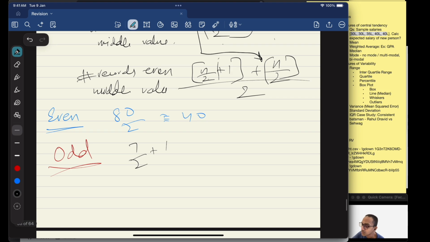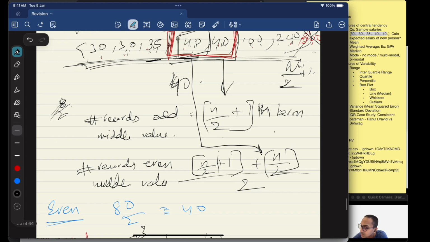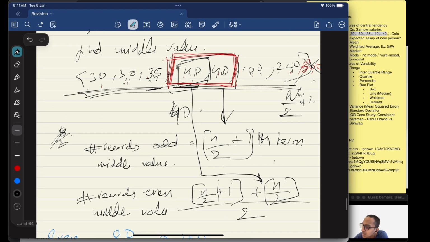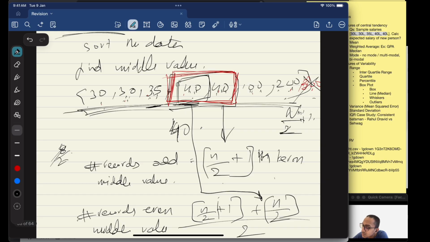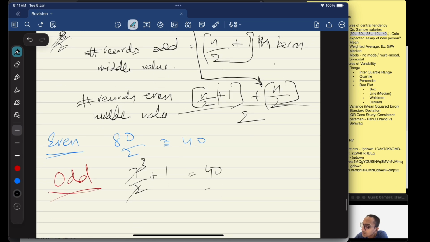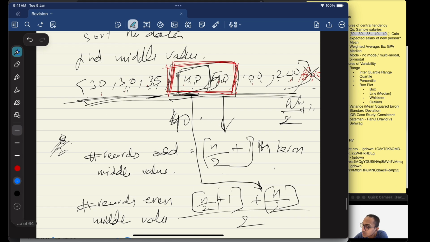We round 3.5 off to 3, and 3 plus 1 would be the 4th term, which is our 40. So in this case also it's 40, but let me change this to 50. This remains the same. The even case will then become 50 plus 40, which is 90 by 2, which is 45.